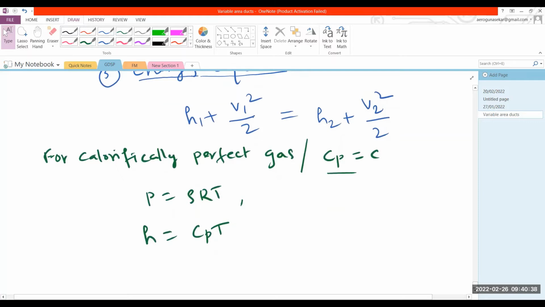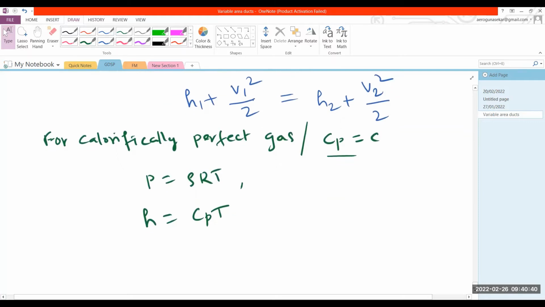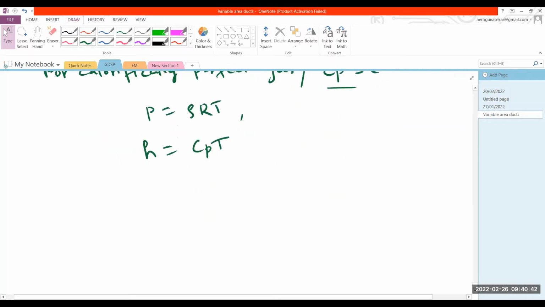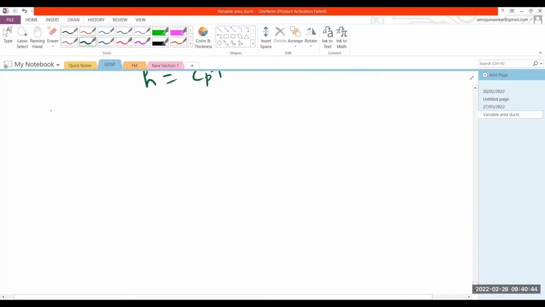So let me divide the continuity equation by the momentum equation. I am dividing the equations, that means 1 by 2. Equation 1 is continuity.